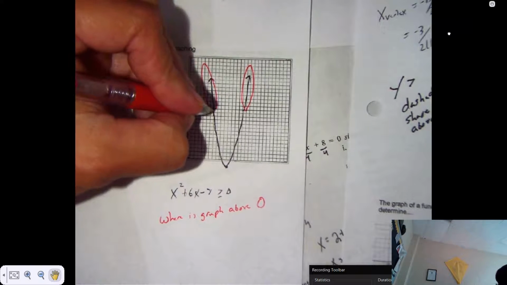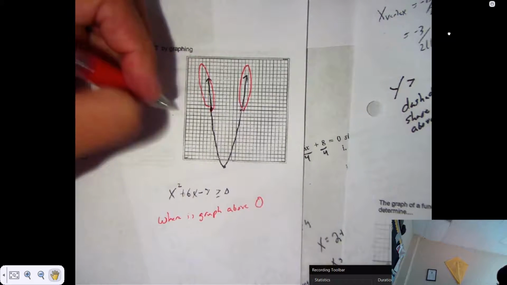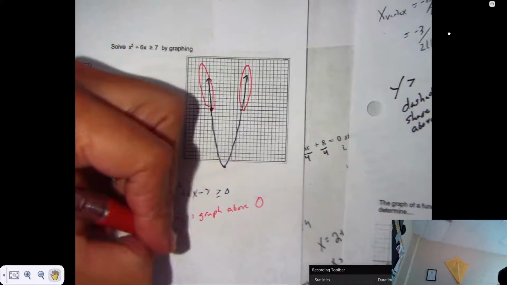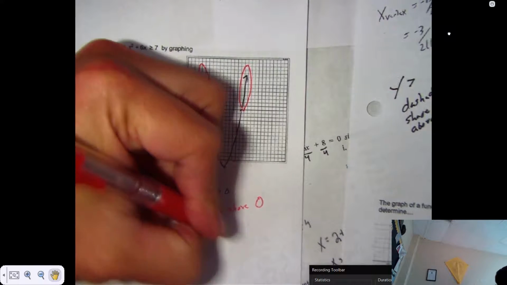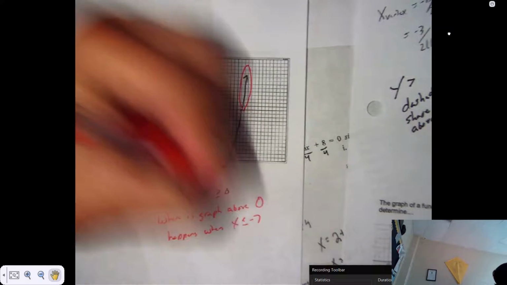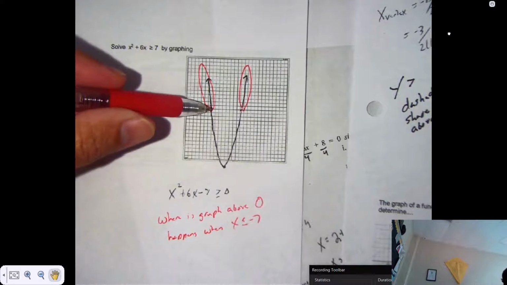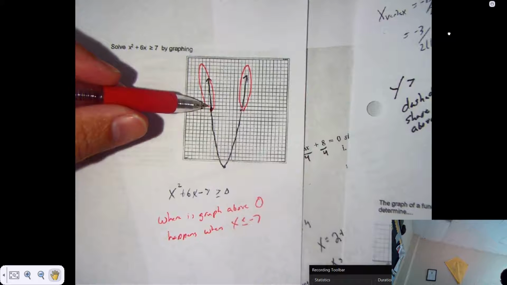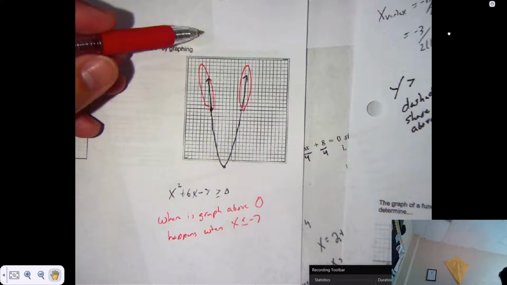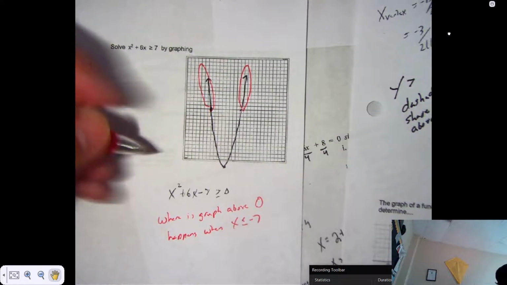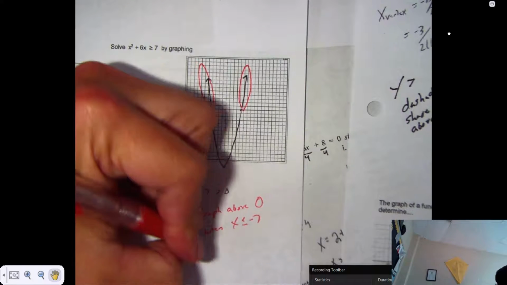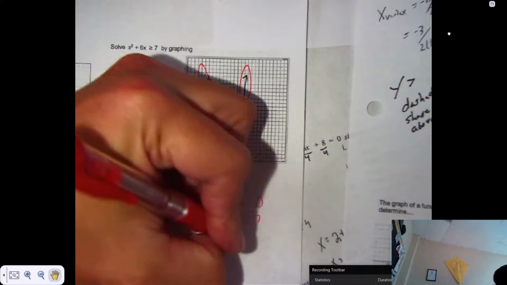So that actually happens for values of x when we're less than, I think it was -7. For all x values less than or equal to -7, because does this graph keep moving forever to the left? Yeah. It happens for all values of x when x is greater than or equal to 1.